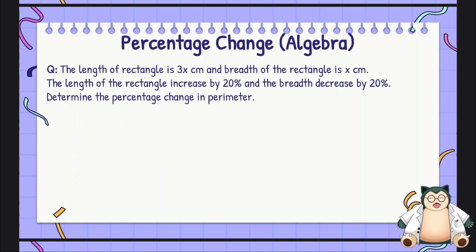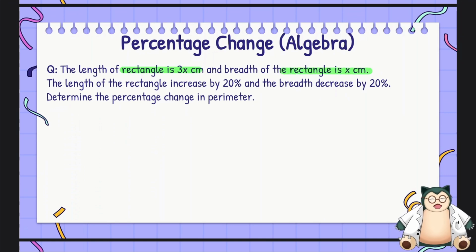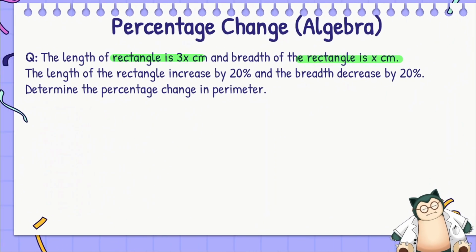The length of a rectangle is 3x centimeters and the breadth is x centimeters. The length increases by 20% and the breadth decreases by 20%. Determine the percentage change in perimeter.